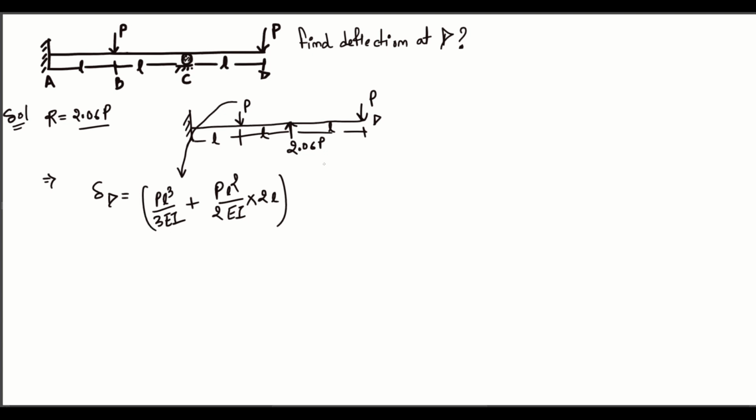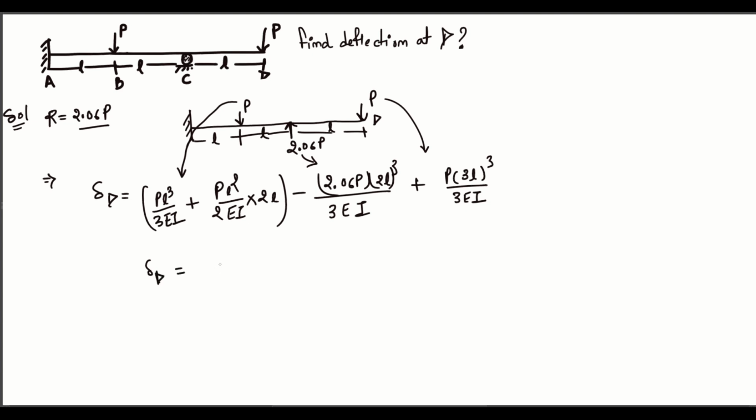Okay, and if we talk about the propped reaction, it will be 2.06P into 2L cube divided by 3EI. And if I talk about this, it will be what? P times 3L cube by 3EI only.